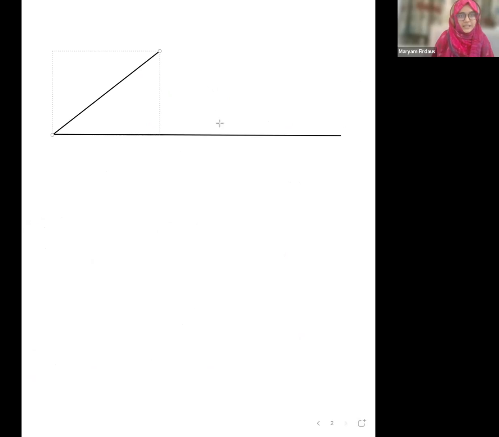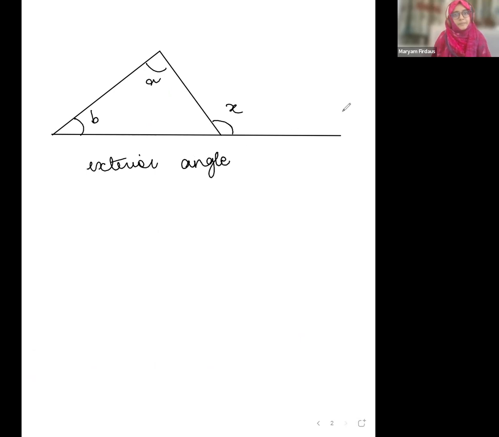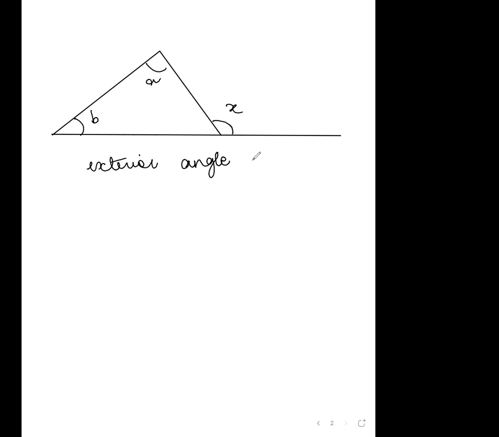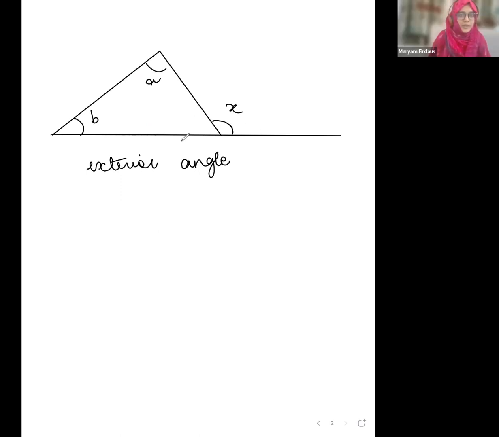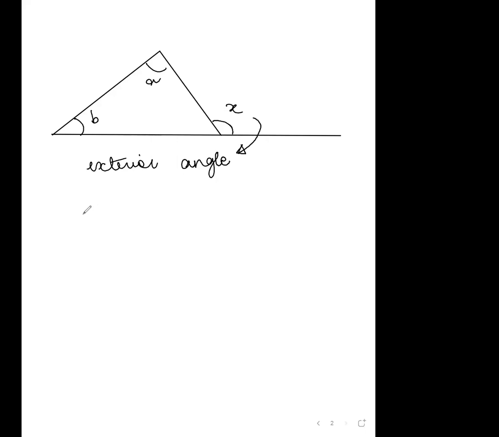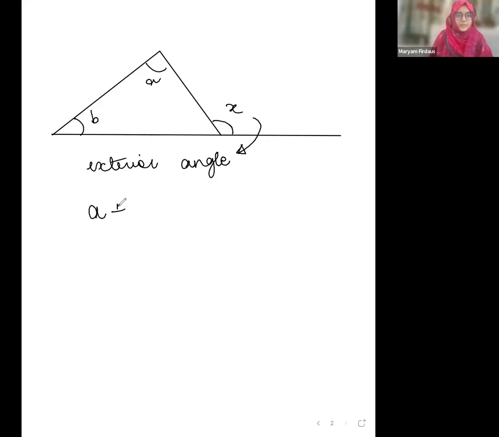This is known as, over here, if I draw this angle, let's say X, this angle is something A, this angle is something B. Then which property will you apply here? Exterior angle property, right? So what is the property? A plus B gives X. Very good. A plus B gives X.